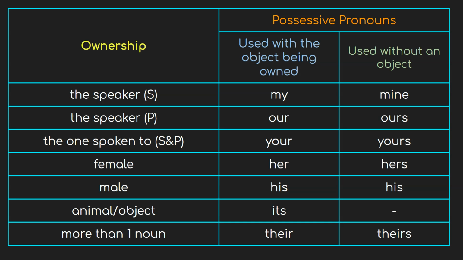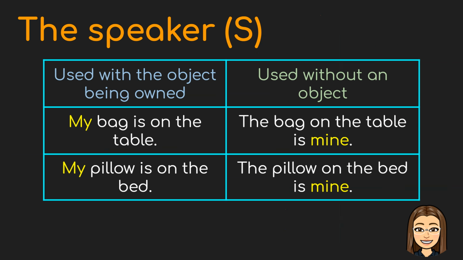Now let's talk about each possessive pronoun. Let's begin with the speaker. And we will use these possessive pronouns if the speaker is singular or only one. Let's talk about the first column, used with the object being owned. For this one, our possessive pronoun is my.